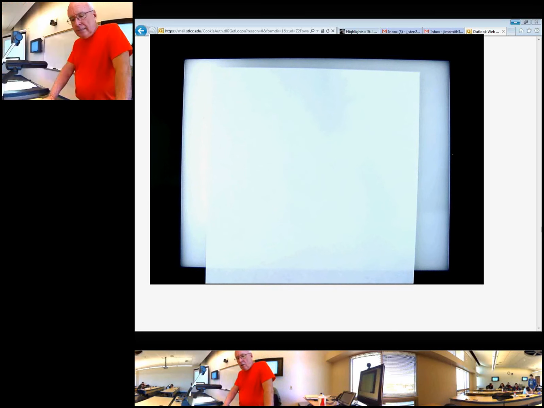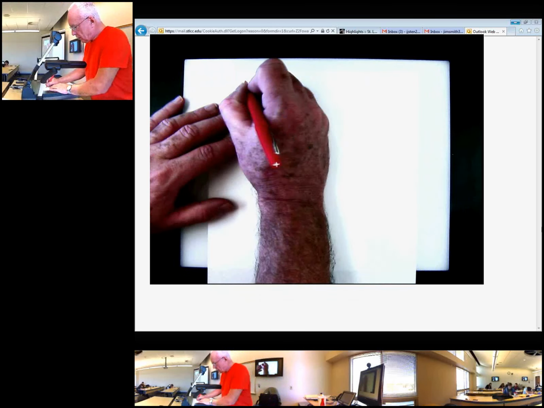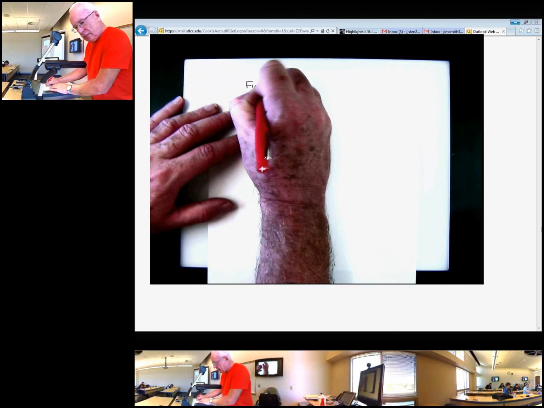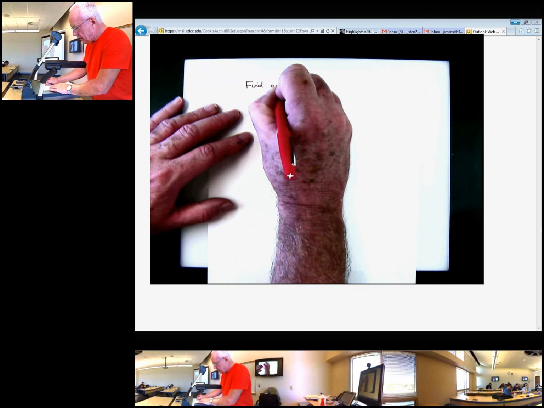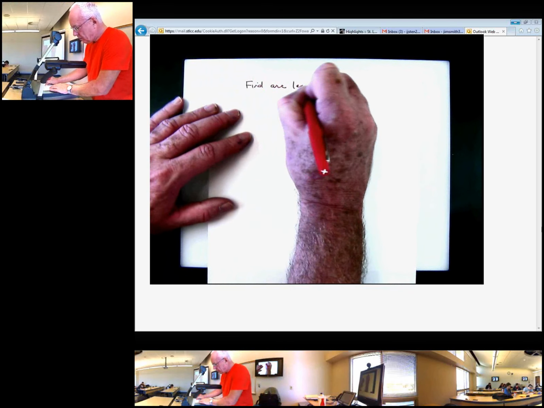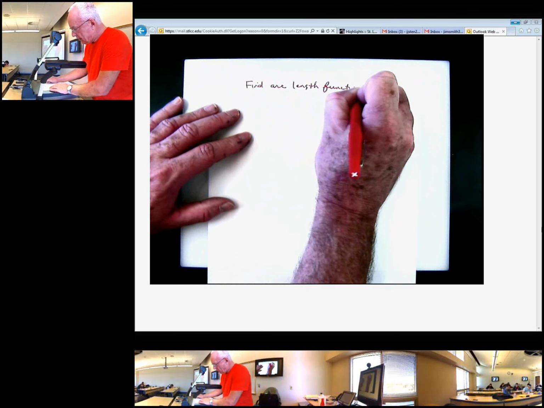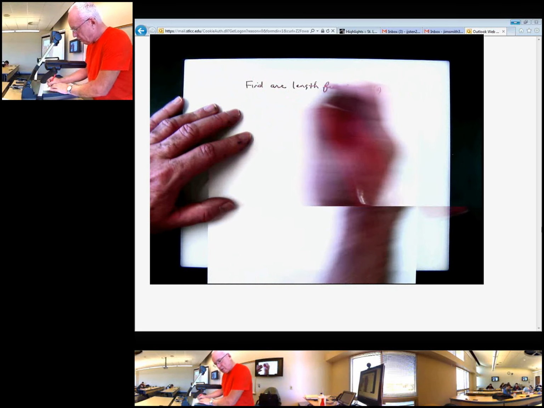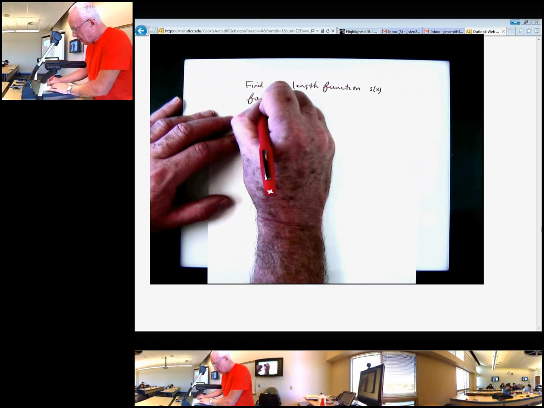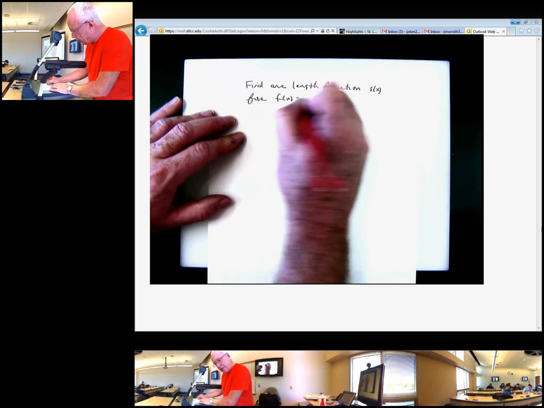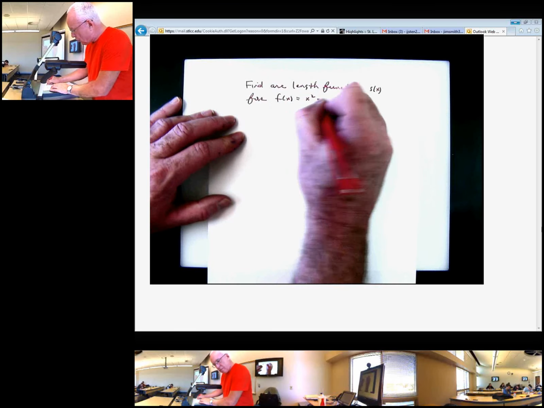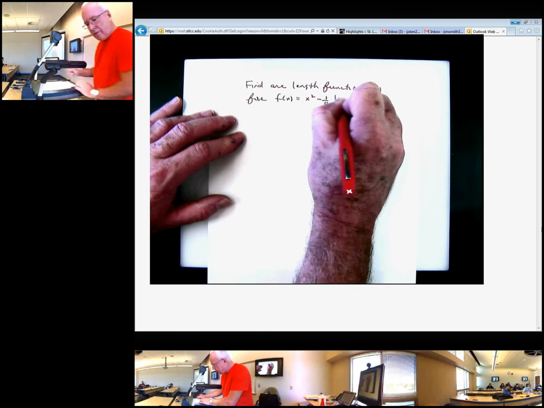All right. The last thing I want to do then on this section is just to calculate an arc length function. So here we have find the arc length function for the function f of x equal to x squared minus 1/8 natural log of x.